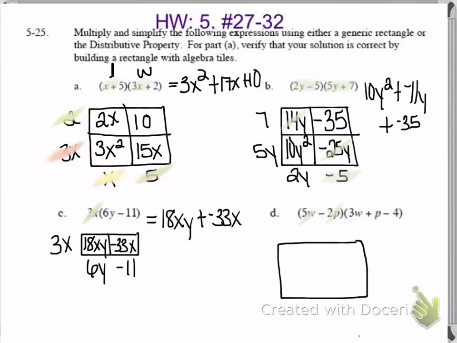I have 2 terms in that first set of parentheses, so the 5w and the -2p, but I had 1, 2, 3 terms in that second parentheses, so I need 1, 2, and 3 columns to represent my width. So 3w, p, and -4. Now I'm going to go ahead and multiply just like I did in the previous 3 problems.